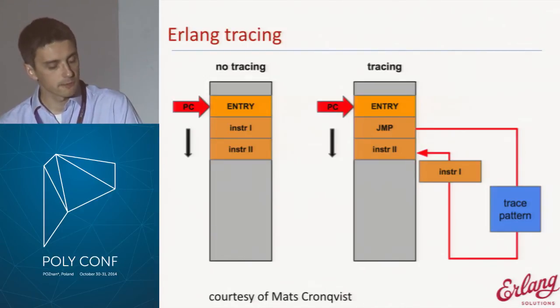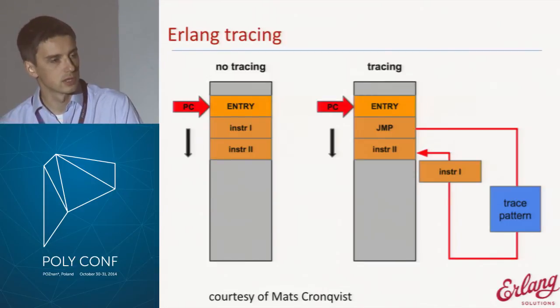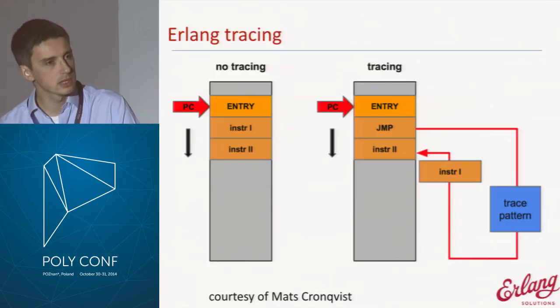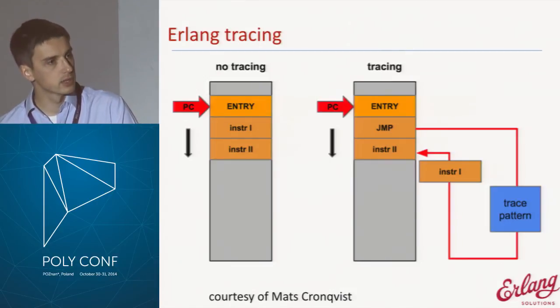Every time we call a function, we have this one extra operation, which if there is no tracing, will just proceed and execute your standard instructions. If we do turn tracing on, it actually will jump to this trace pattern that you provided, execute it, and then continue with execution.